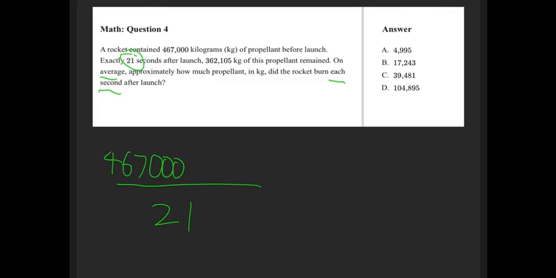Now, we know that 467,000 was the starting amount of propellant. And after 21 seconds, there were 362,105 kilograms left. And so this expression is going to be the answer.